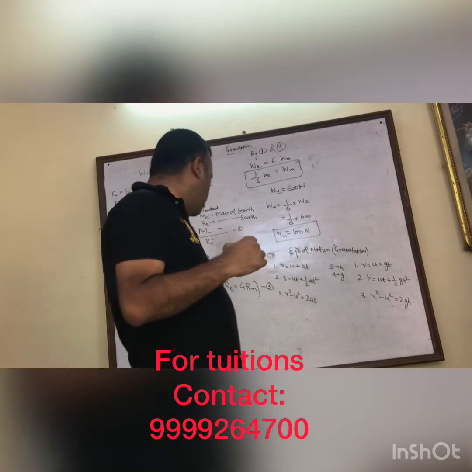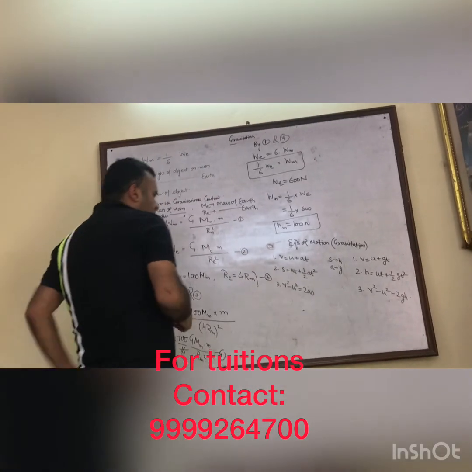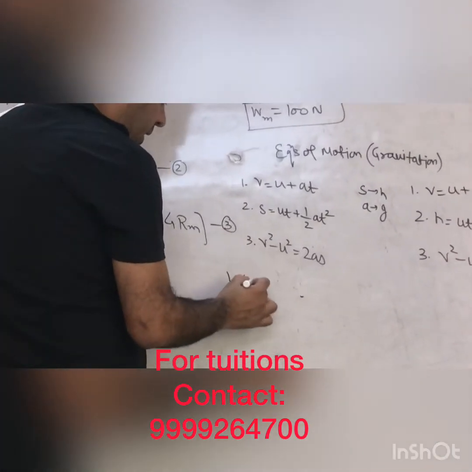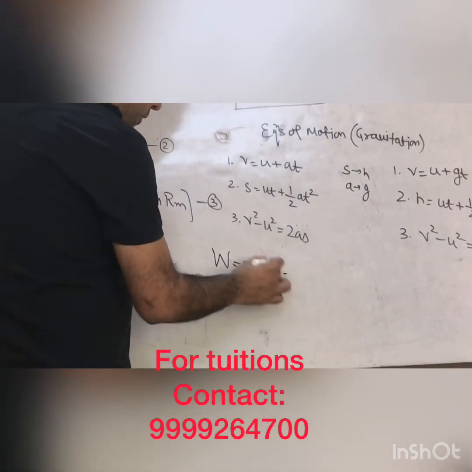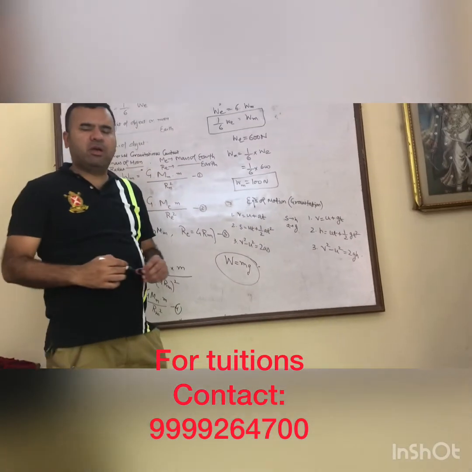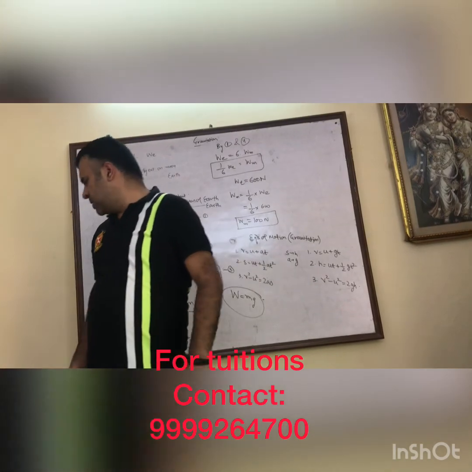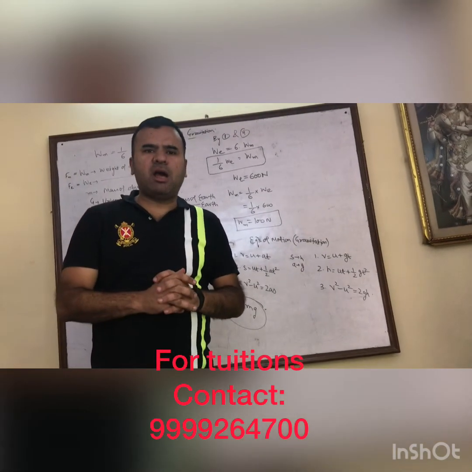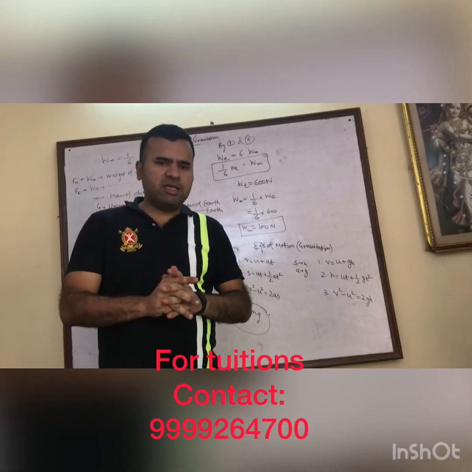So there is one more formula, that is W is equal to m into g. Already I have told you this formula earlier. We will do numerical based on this as well. So this was the basic concept of gravitation which I have given by these three videos.